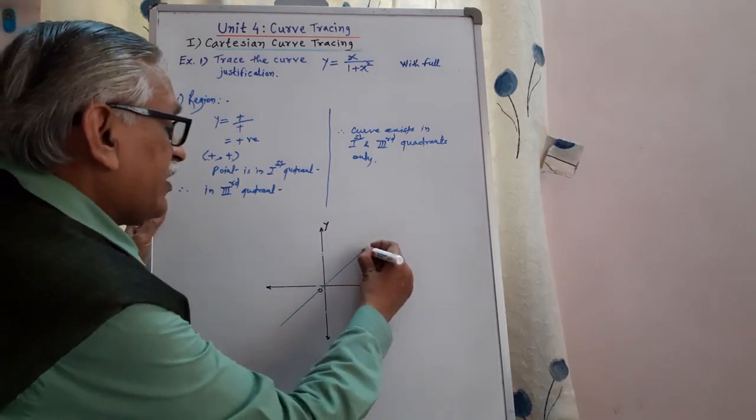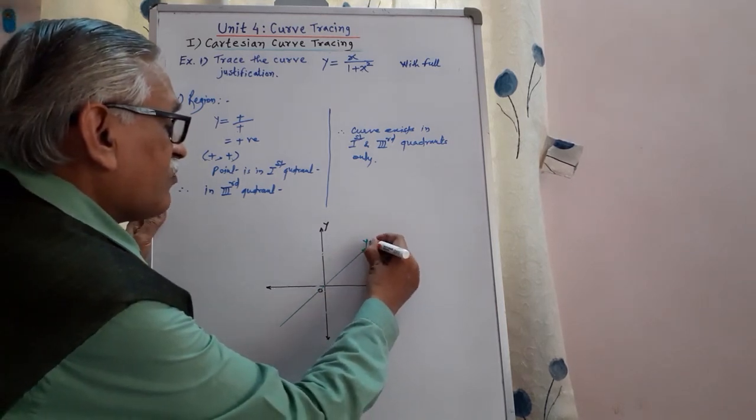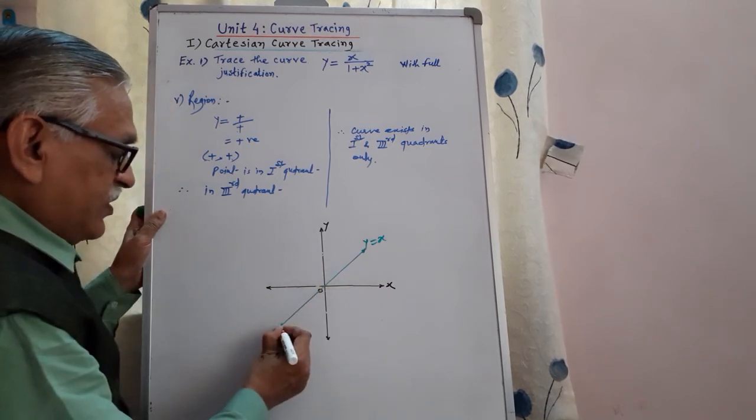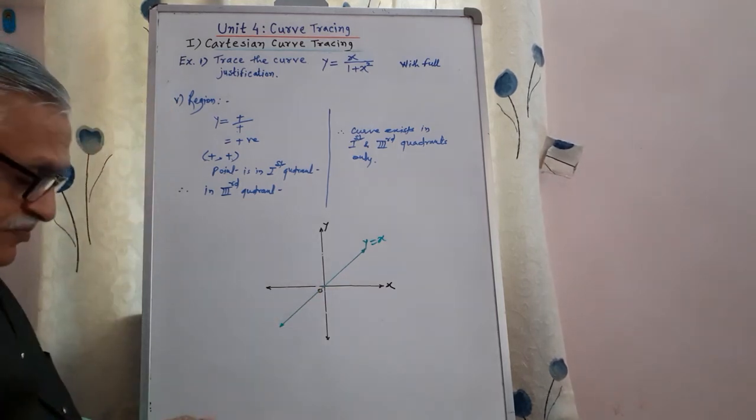Therefore, this is the line y equal to x, making an angle of 45 degree, about which curve is symmetrical.